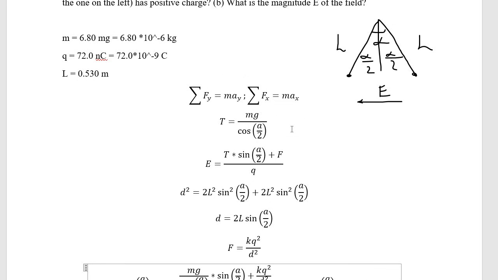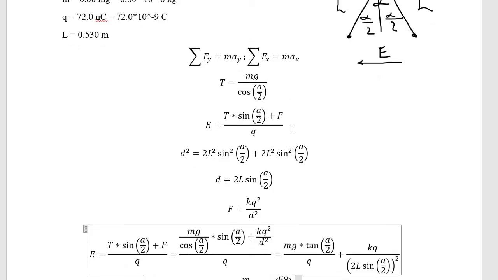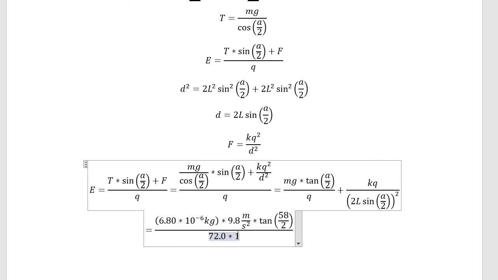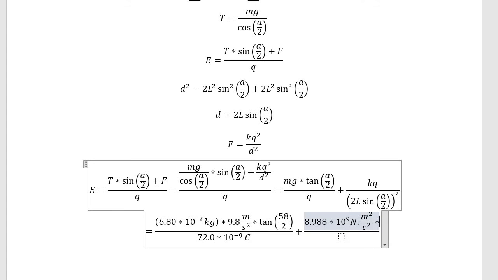And q is 72.0 nanocoulombs, or 72.0 multiplied by 10 to the negative 9 coulombs, plus kq, so k is a constant, and equals 8.988 multiplied by 10 to the power of 9, and multiplied by q, the same value we have here.